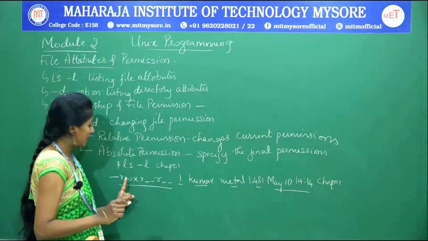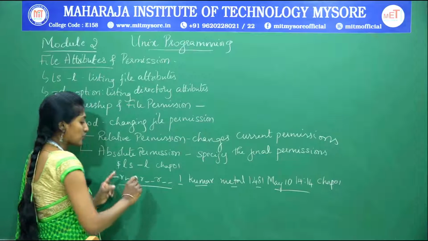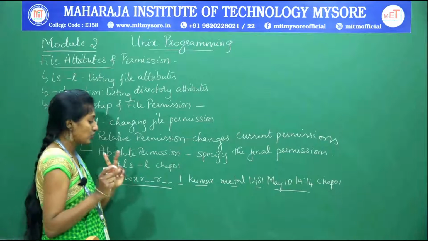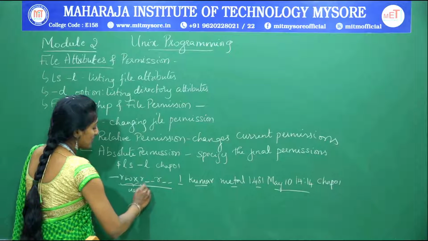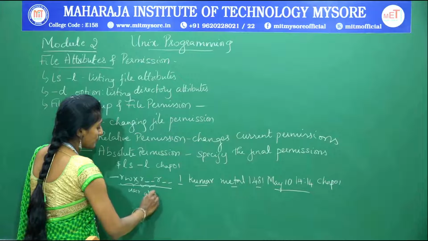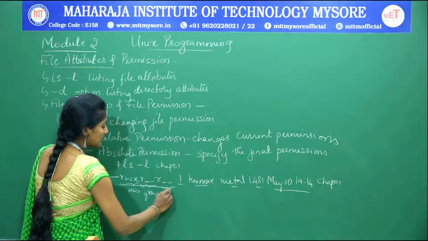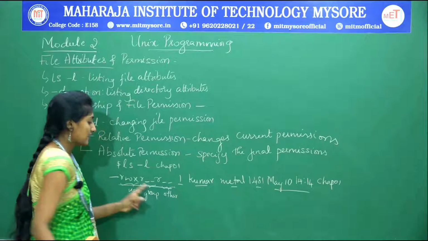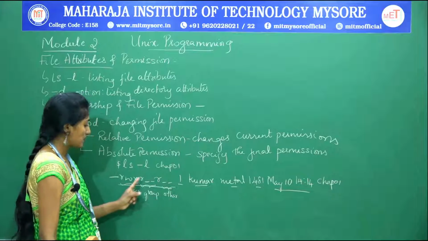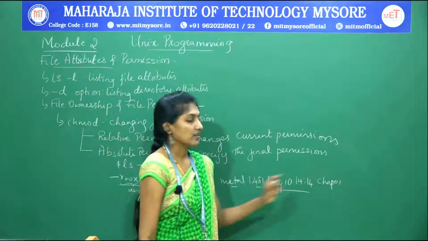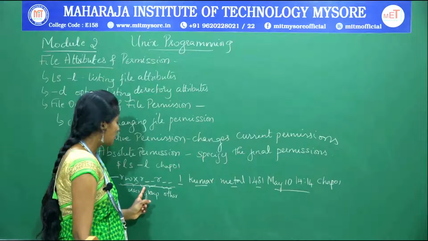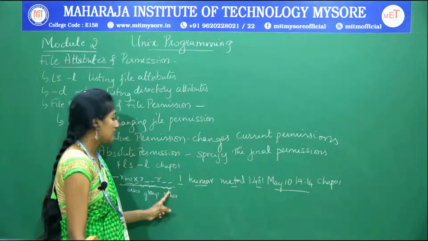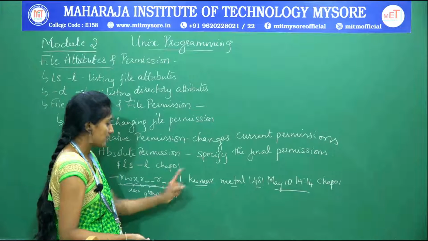The permission of the file has been categorized into 3 categories: user, group, and others. These are the 3 categories of permission assigned for the file chapter 1. The user is Kumar, the group it belongs to is metal, and others means anybody who can execute this file.